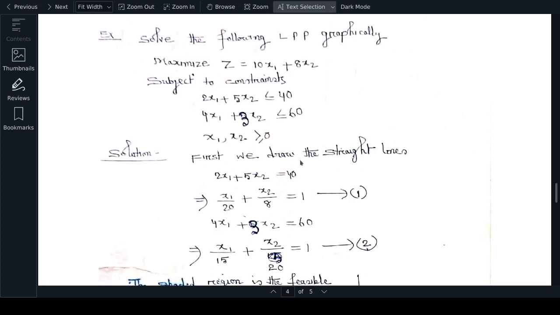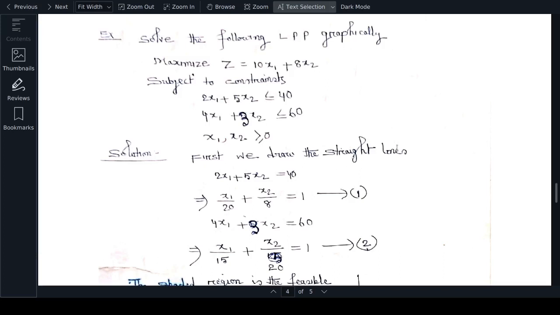Is the objective function maximum or minimum? Maximum. Okay. So first you see our inequalities are given: 2x1 plus 5x2 less than or equal to 40, 4x1 plus 3x2 less than or equal to 60.